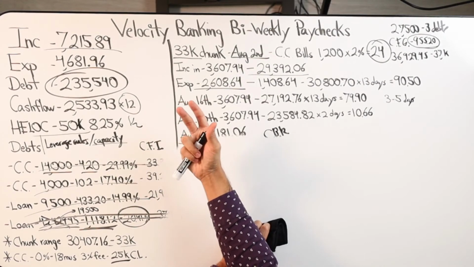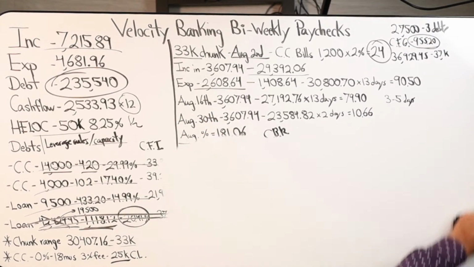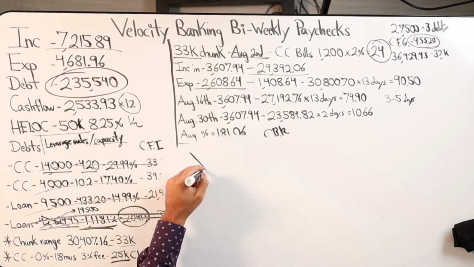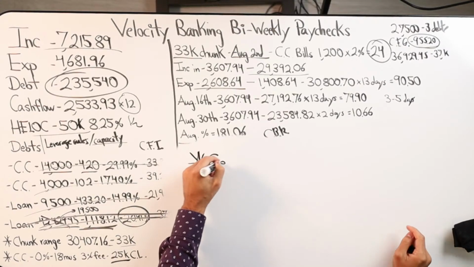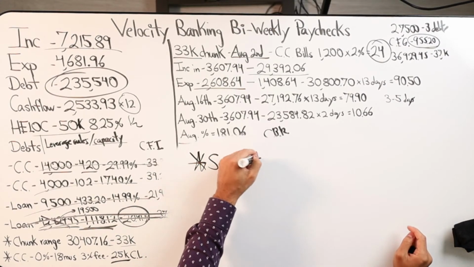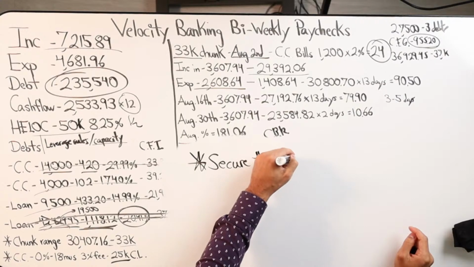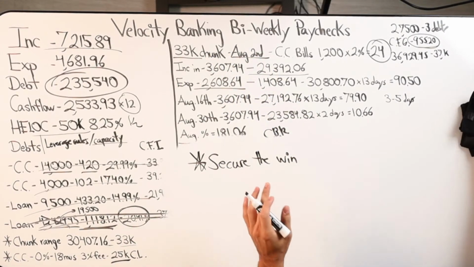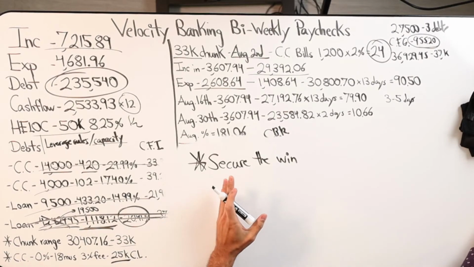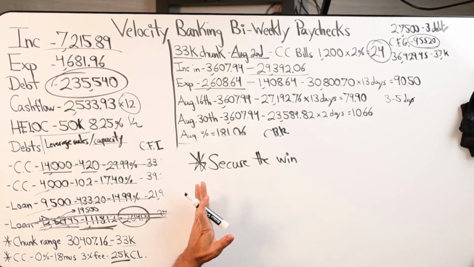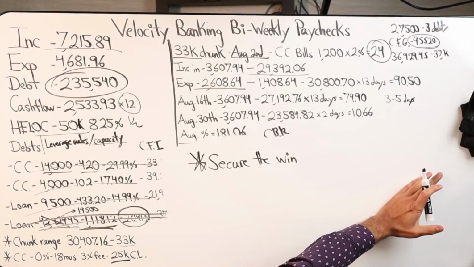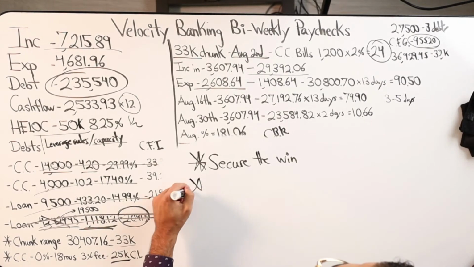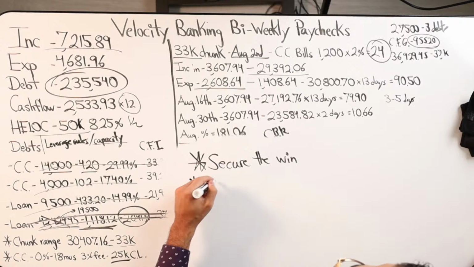Just that alone. So it's vitally important that you all secure the win. I think a big error that a lot of people make with velocity banking is they try to do velocity banking the whole way through. Secure the win.